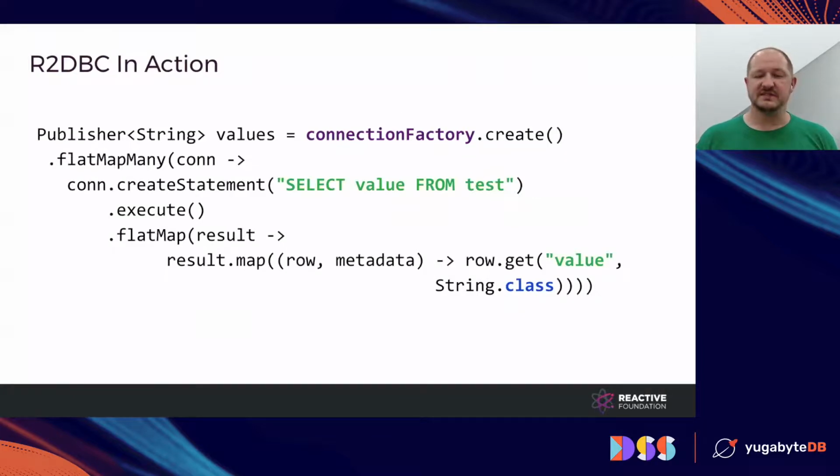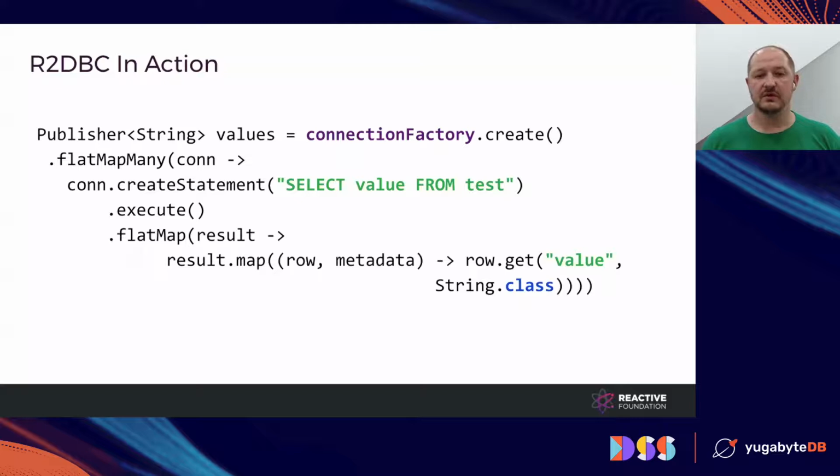Now, what could R2DBC actually look like? Because all these were slides, but if we want to go into code, then we want to really see how this looks and feels. With R2DBC, you begin at the connection factory level. This is the entry point for every driver that allows you to create connections.